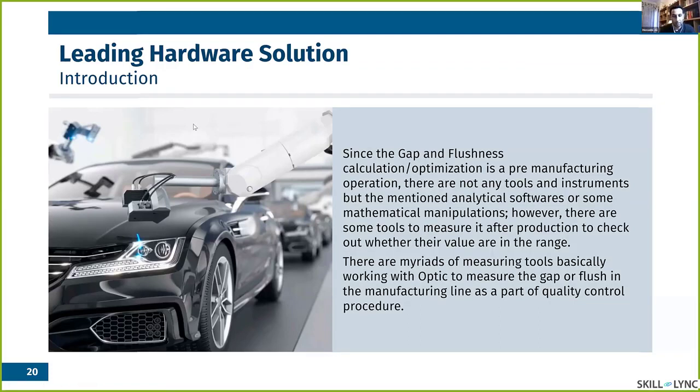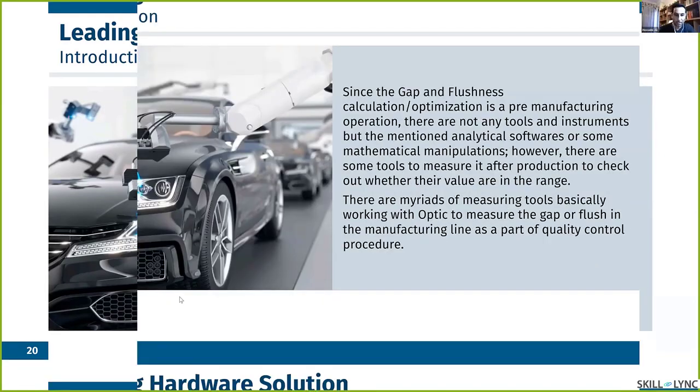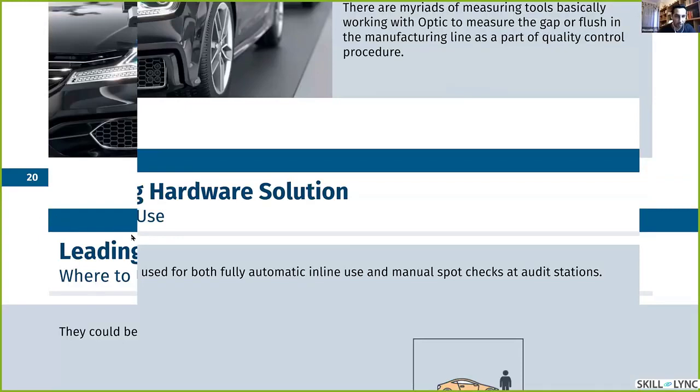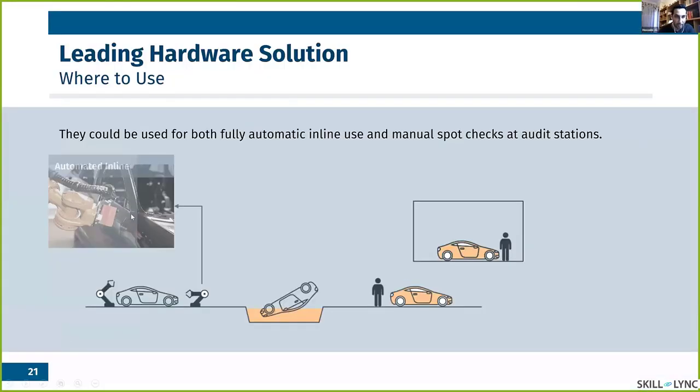So the procedure of working with them could be divided into 3 different portions. First, they could be measured by some robots here with such shapes that are measuring here the gap between the fender and door, which are placed in the manufacturing line and called automated inline.